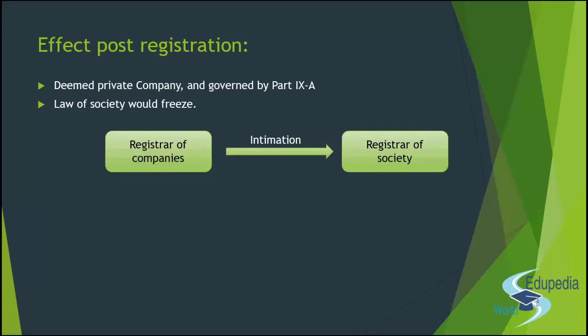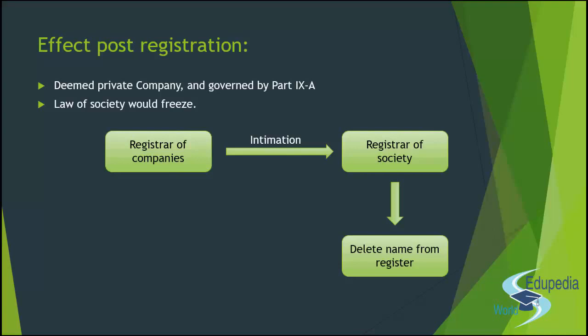So what does the registrar of society do? The registrar of society says that, friends, one of our friends in the Inter State Co-Operative Society has left our league and joined the league of the companies. So we would say goodbye and remove or delete the name from the register. Yeah, so and so is no more a member of our community. Okay?